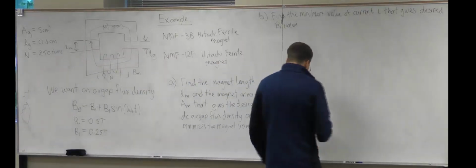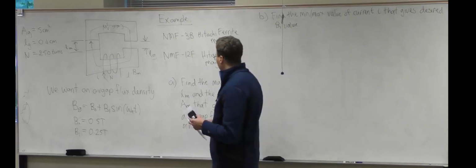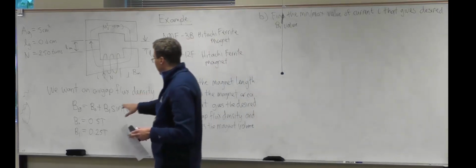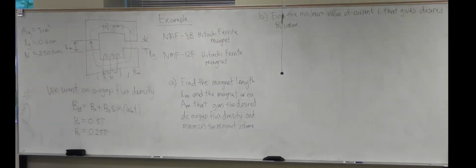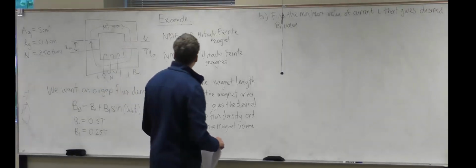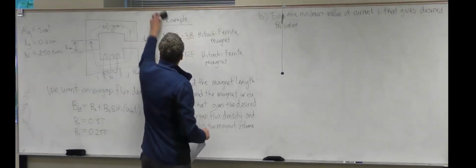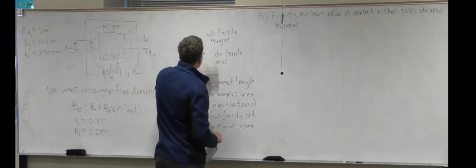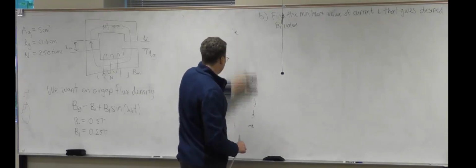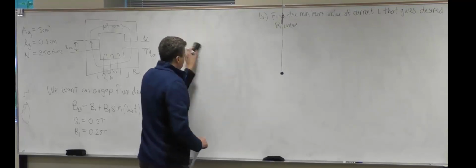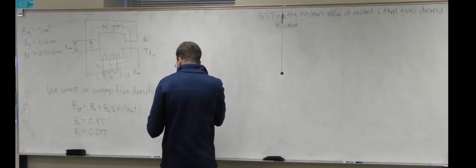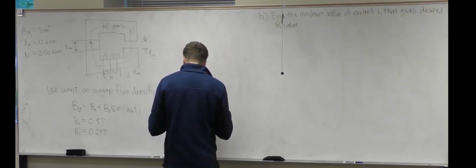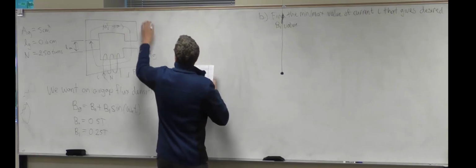So the first thing we'll do is we'll find A, and so we need to get this 0.5 Tesla. So this is actually not too tricky. I'm going to erase this. So let's just write out a few things.